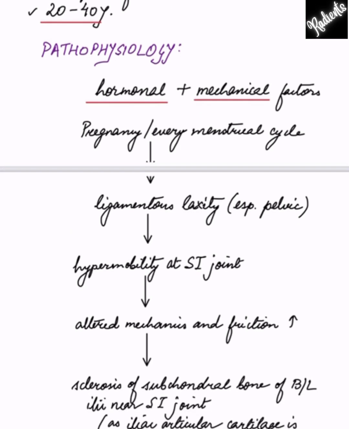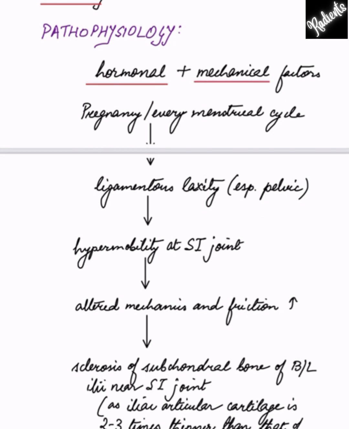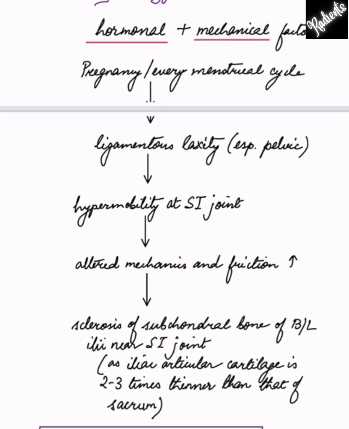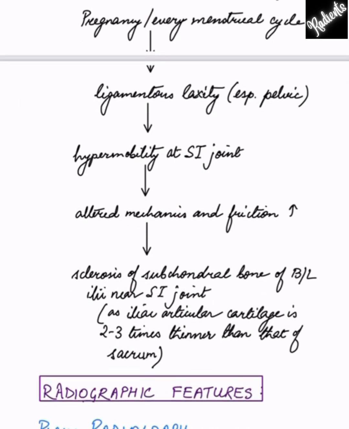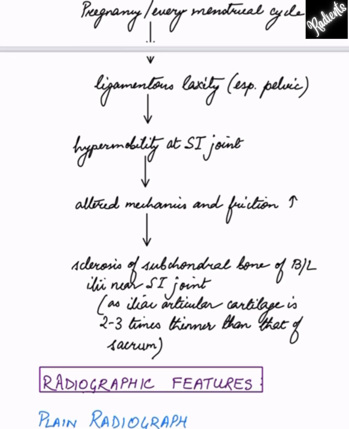Whenever there is pregnancy or with every menstrual cycle, there is ligamentous laxity, especially of the pelvic ligaments, which leads to hypermobility of the SI joint, and hence altered mechanics and friction which lead to sclerosis of the subchondral bone of bilateral ilii near the SI joint. That is because the iliac articular cartilage is 2 to 3 times thinner than that of the sacrum.